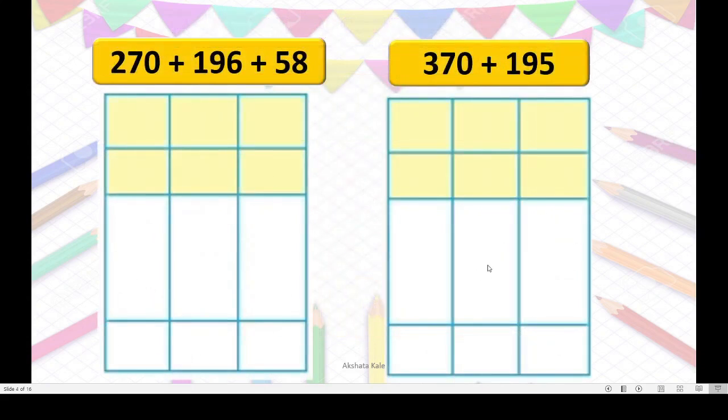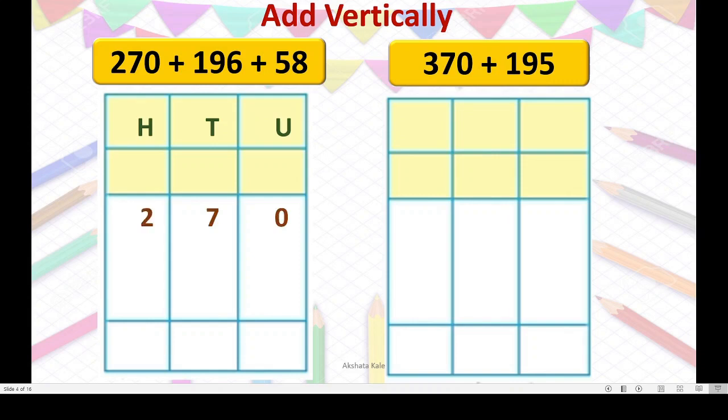Here two more sums are there. Yes, this is add vertically. Here it is given. So first we will write the places: units place, tens place and hundreds place. Okay. Now we will write 270, then plus 196, plus 58.